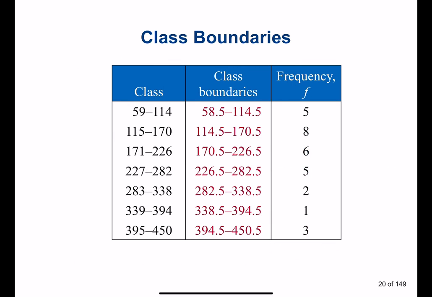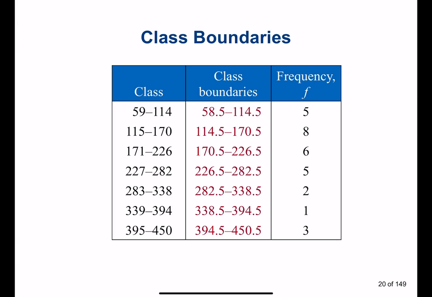So 114 gets 114.5, 170 gets 170.5, and so on. And the lower limit 115 is giving up 0.5, see? This way we treated the gap, so we start with 114.5, 282.5 and 282.5. There is no gap between them anymore.